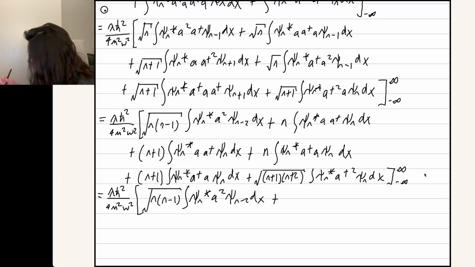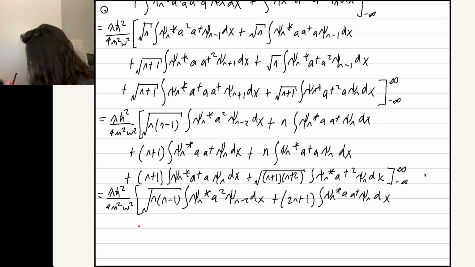And then you'll have 2n plus 1 times the integral of psi n star a dagger psi n dx.